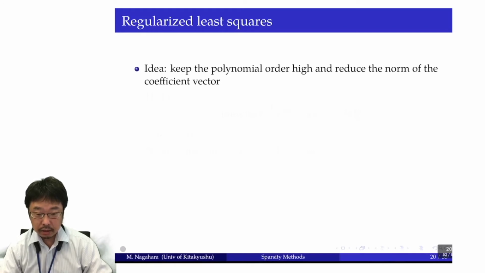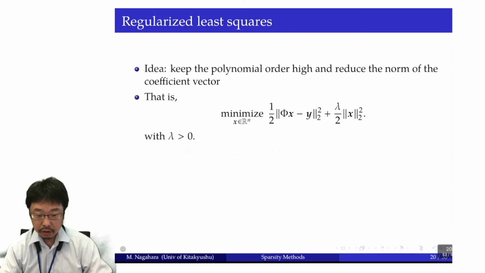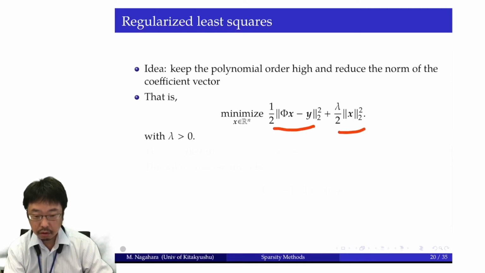The idea to reduce the effect of overfitting is to keep the polynomial order high and to reduce the norm of the coefficients vector at the same time. That is, we minimize this function, sum of the error function, and the L2 norm of the coefficient vector x.